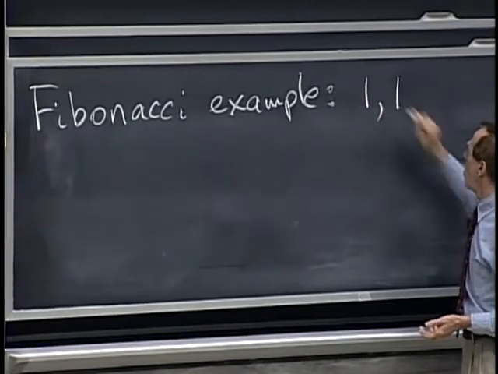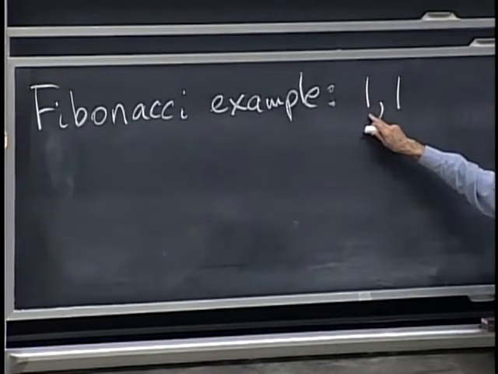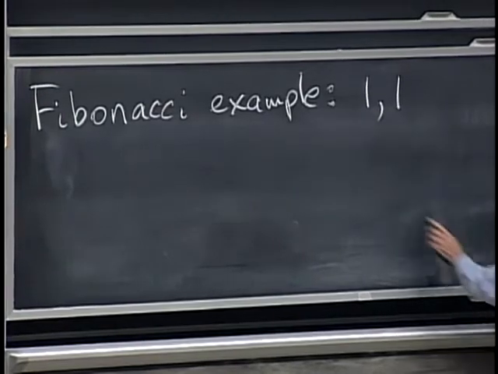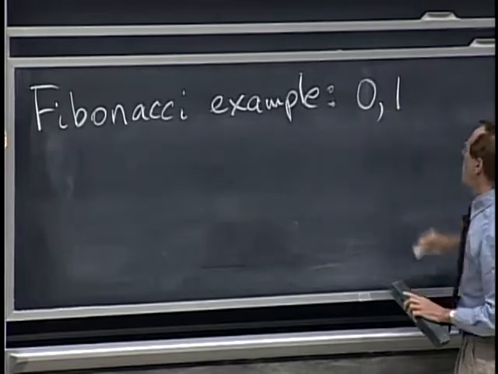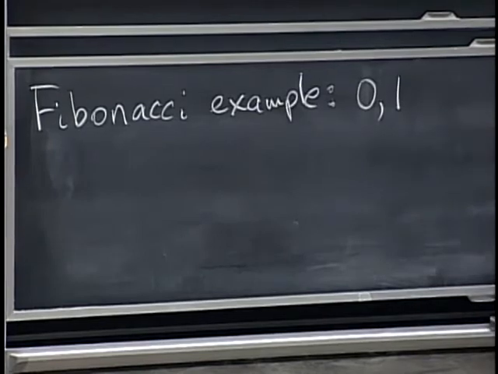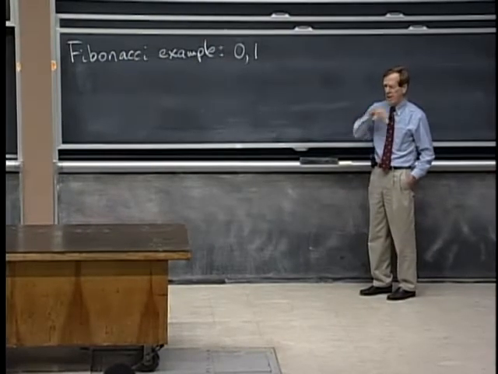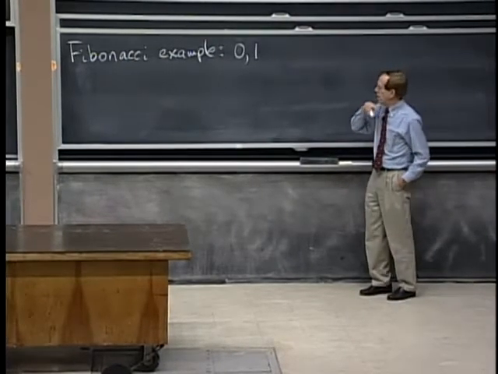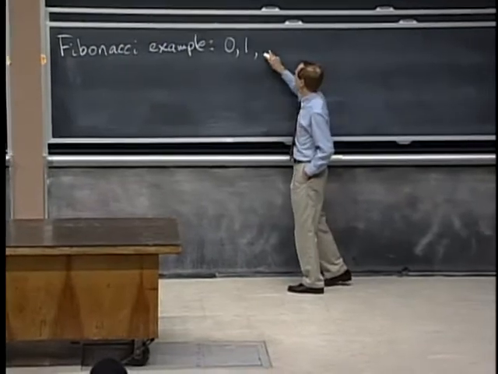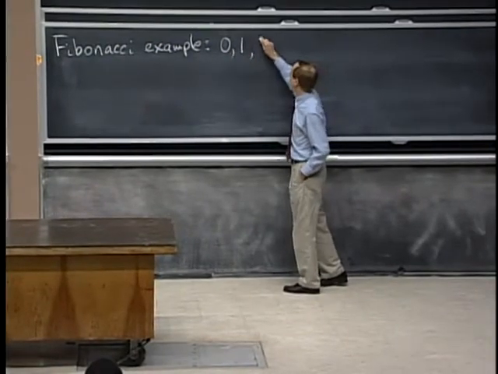If we start with 1 and 1 as F naught, oh, I think I start with 0 maybe. Let 0 and 1 be the first ones. So there's F0 and F1, the first two Fibonacci numbers. Then what's the rule for Fibonacci numbers? The next one is the sum of those, so it's 1.